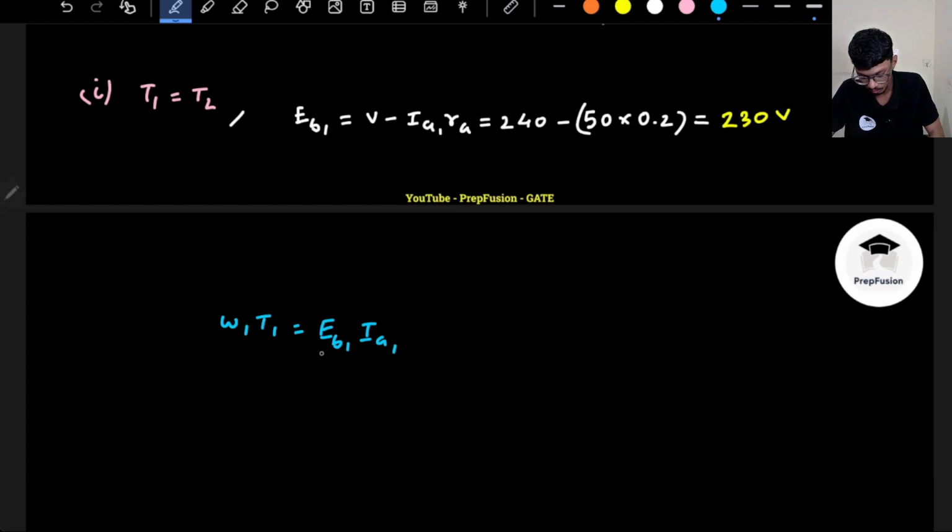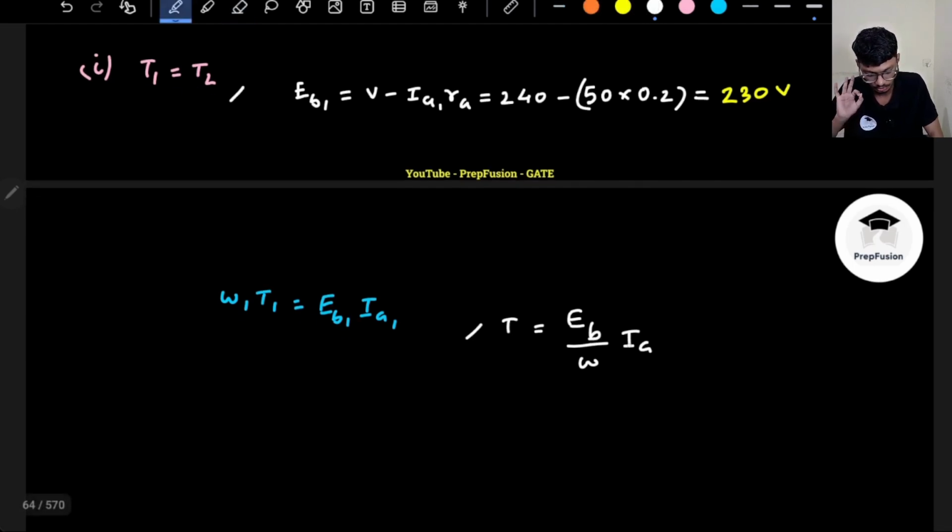Actually I can directly write my torque is proportional to the flux and the armature current. So armature current is already here, right? So what is my torque equal to? So T1 is equal to Eb1 by omega into Ia, right? Torque is equal to Eb by omega into Ia. You agree with this?